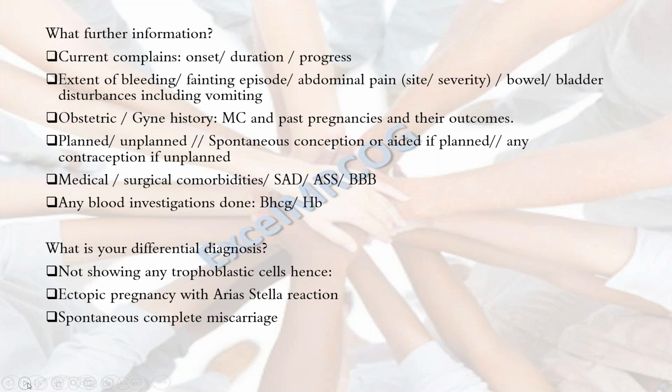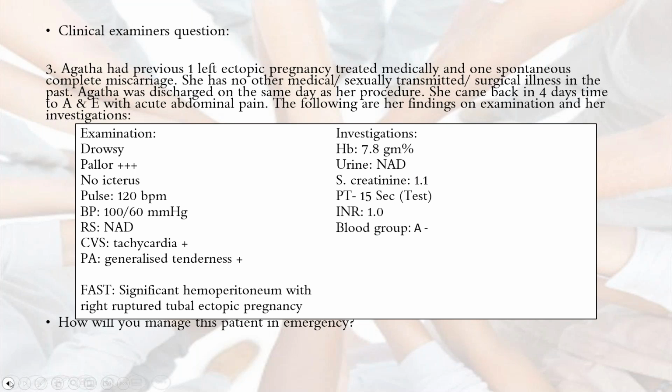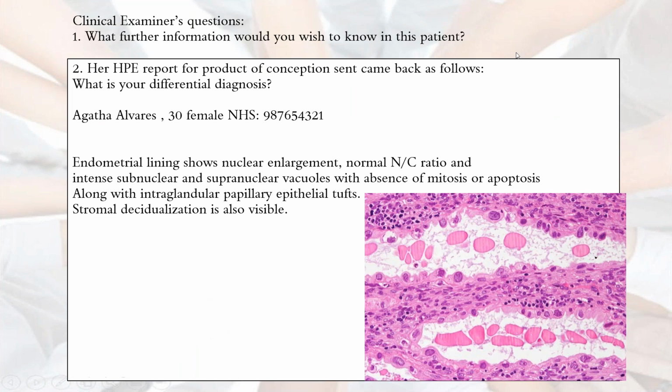Now, when the picture was given to you, it is mentioned that the endometrial lining shows nuclear enlargement, which can be a pregnancy event, normal nuclei to cytoplasmic ratio, intense subnuclear and supranuclear vacuoles, and absence of mitosis and apoptosis, along with intraglandular papillary epithelial tufts and stromal decidualization, which is a feature of pregnancy.